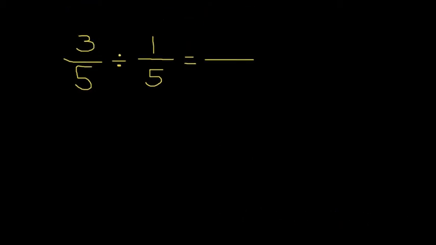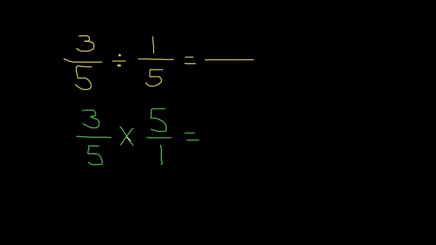So here's some fractions. We're going to keep the first number. It must stay the same. 3/5. And instead of division, we're going to change it to multiplication. And then we're going to take the next number and we're going to flip it. So we can simply multiply straight across and simplify, or we can check our diagonals first.